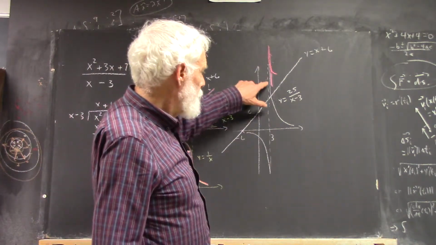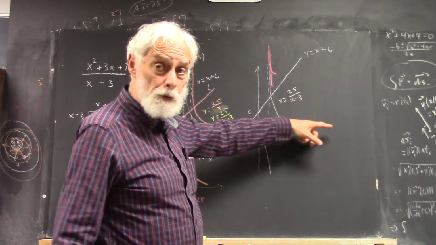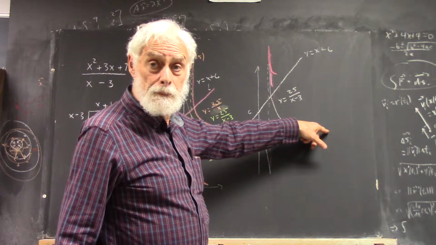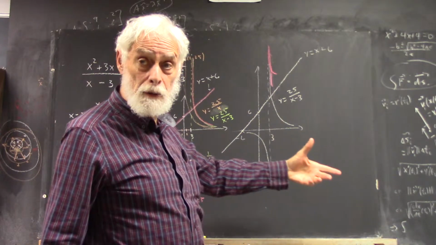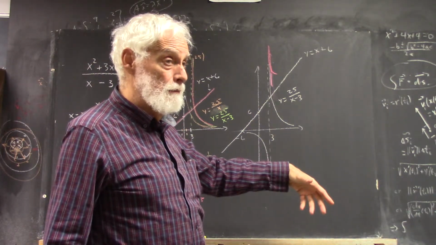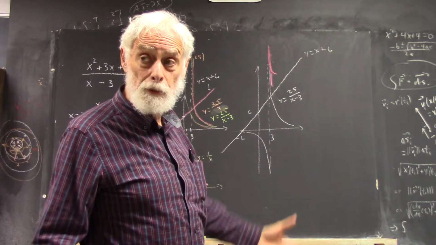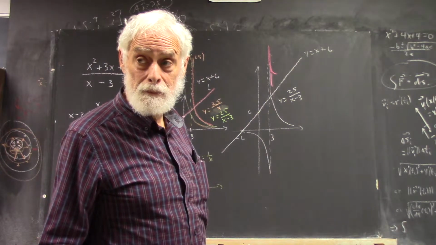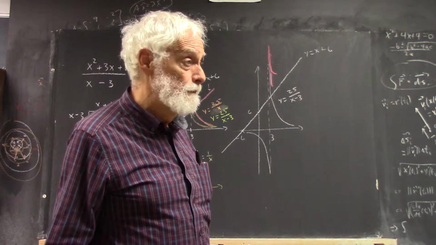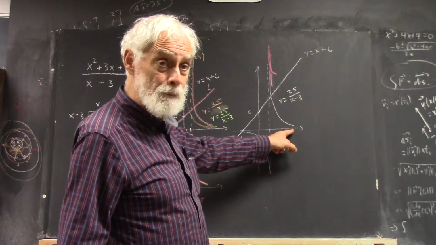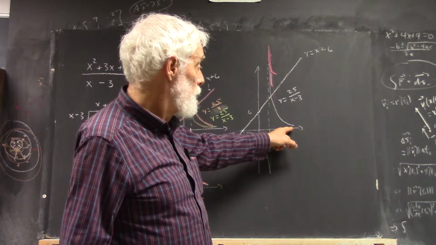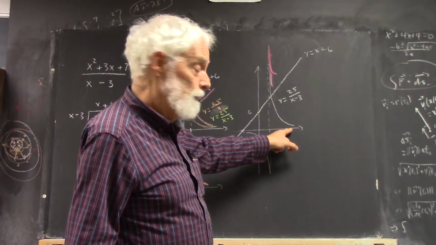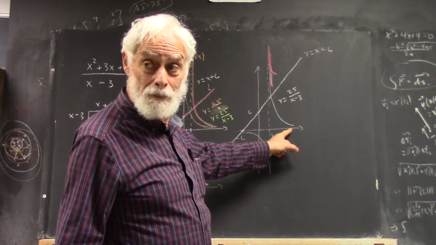Now what happens to the values of this function as we move to the right? Do they get big? Do they get small? Do they stay somewhere in between? If we come out to here, show me with your fingers, what's the y value of this function when x is here?